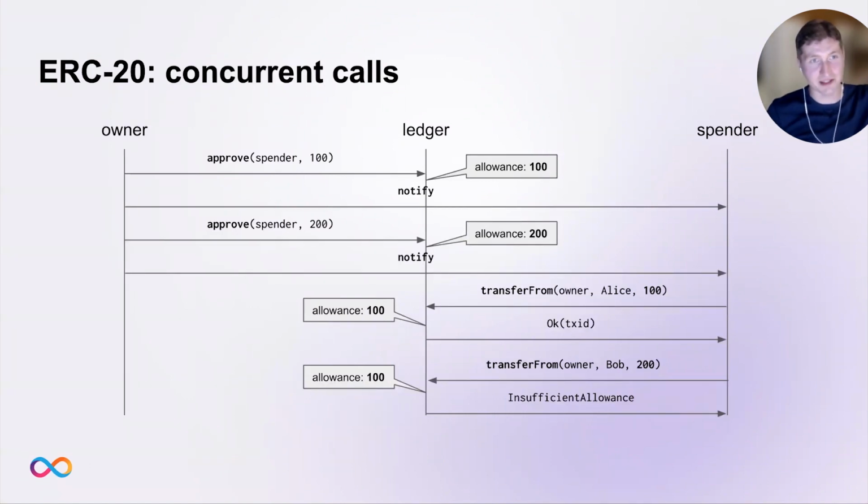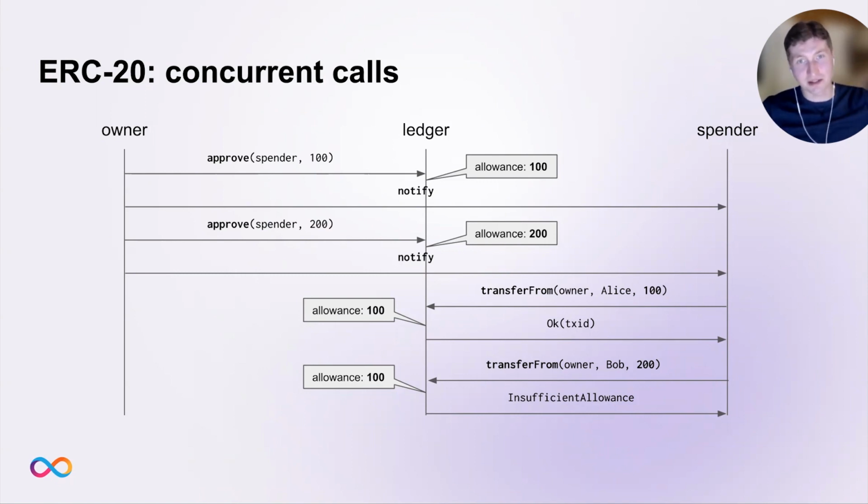So owner accepts payment requests and spender actually executes them. First there is a payment request, owner approves 100 tokens to the spender on the ledger. Now there is an allowance between the owner account and the spender of 100. And then it notifies the spender saying, now you can transfer.